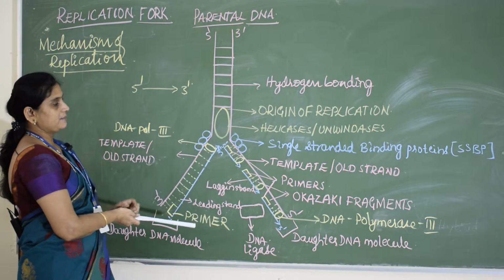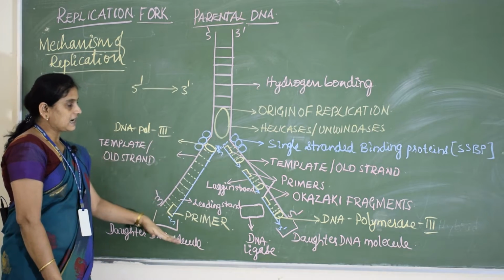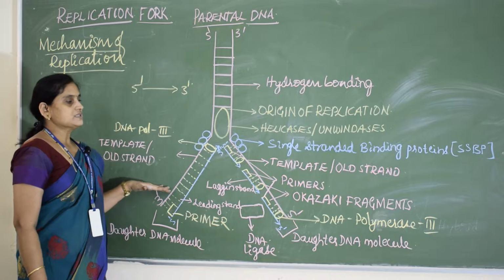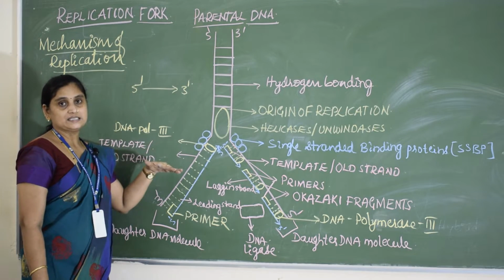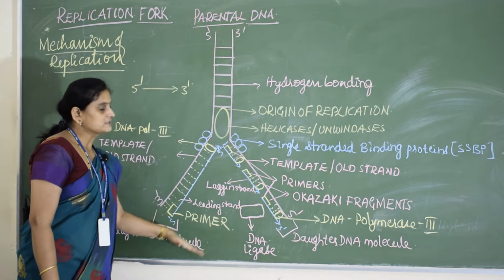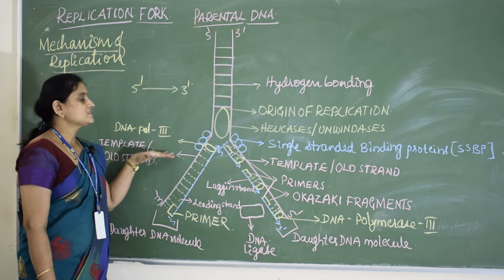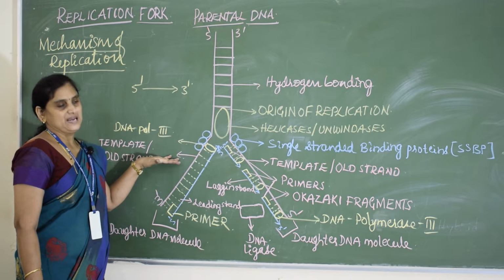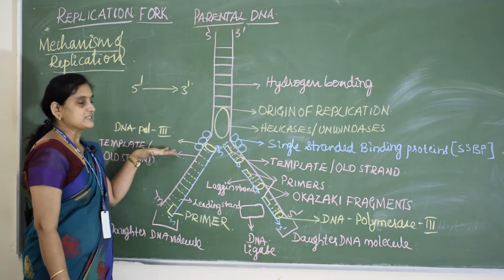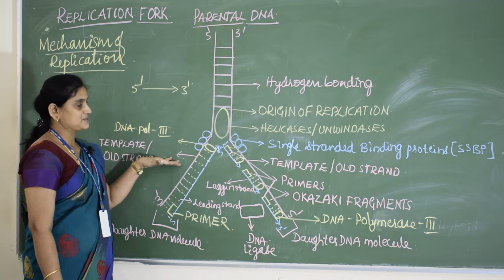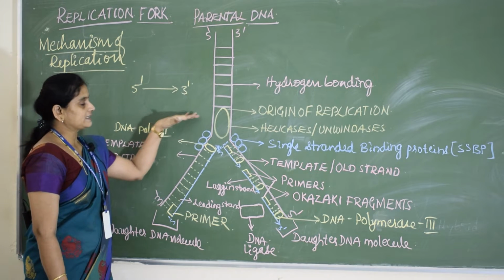Then what happens after the entire process gets over? DNA polymerase 2 enzyme goes around the DNA molecule and checks for wrong base pairs. That is the cross-checking or proofreading enzyme, as I mentioned already.